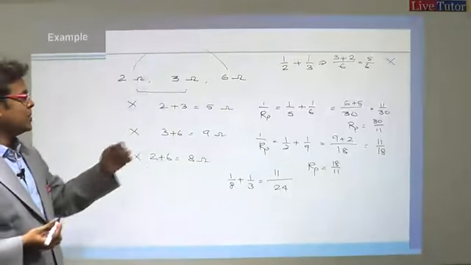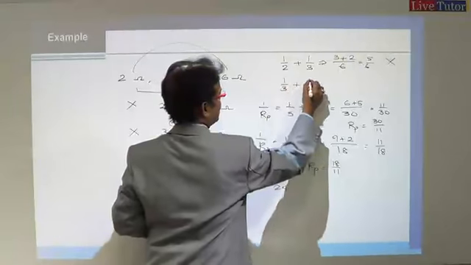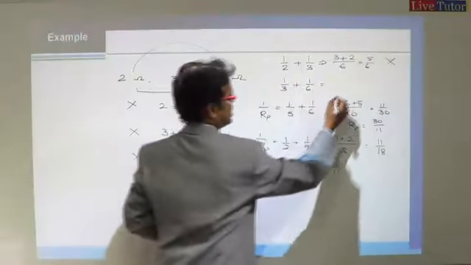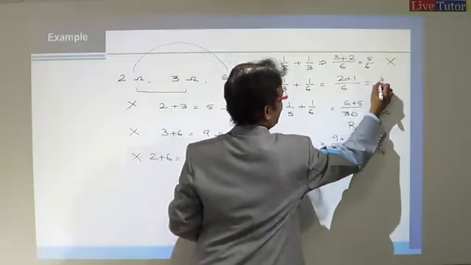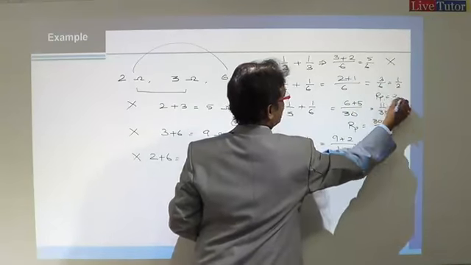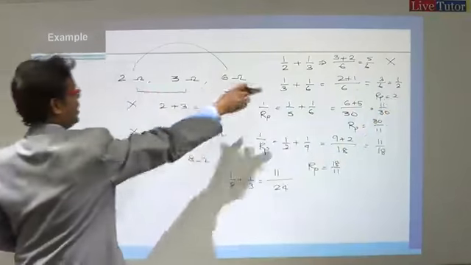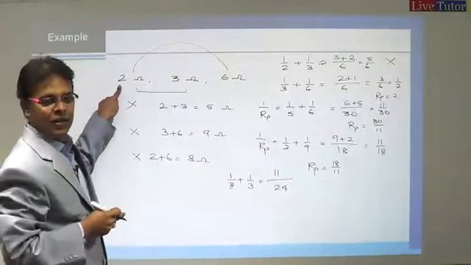So we will take these 2. So 1 by 3 plus 1 by 6. That means 2 plus 1, 3 by 6, that is 1 by 2, or Rp is 2. So for this 2, and adding these 2, what will you get?